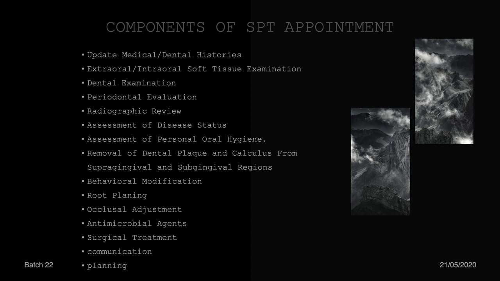So we have to re-evaluate and see whether any changes have happened during the interval. If it is a 3 months or 6 months interval, within that interval, whether any changes have happened.